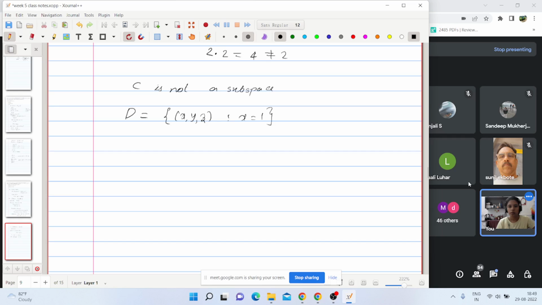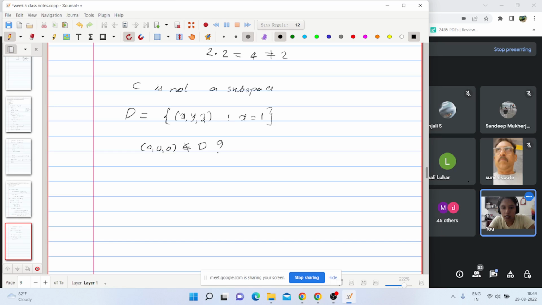Does 0, 0, 0 belong to D? What do you think? No, ma'am. x is always 1, so this element will not belong to D. That means our identity element is not in D. So D cannot be a subspace. D is not a subspace.